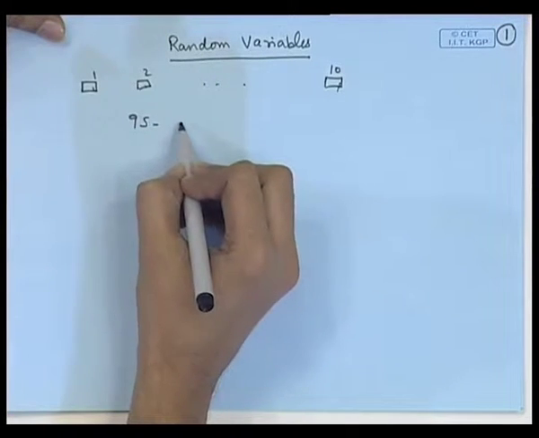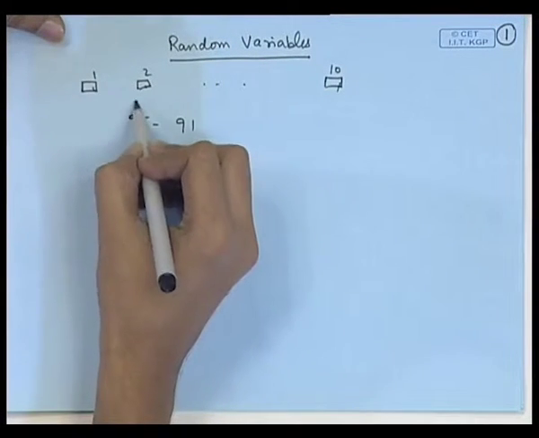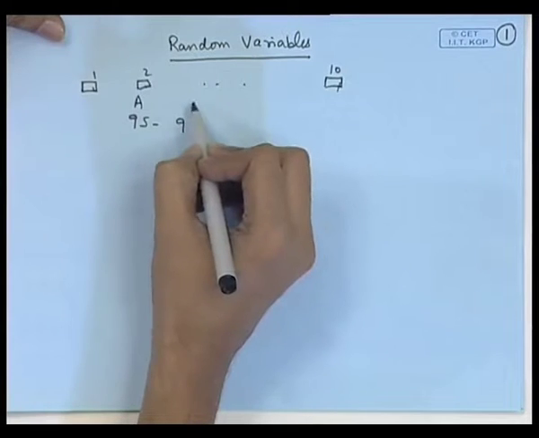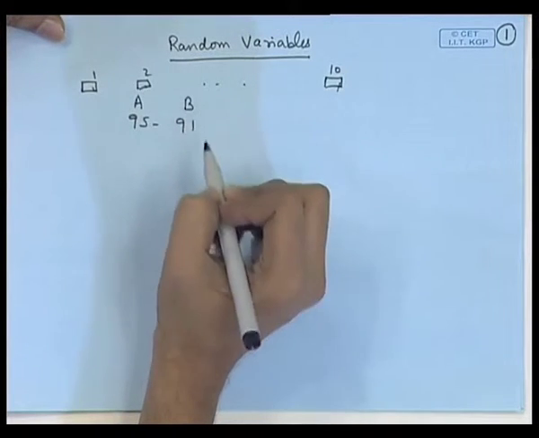Look at a game of basketball. After the completion of the play, the score line will read something like 95, 91. Team A may score 95 and team B may score 91.